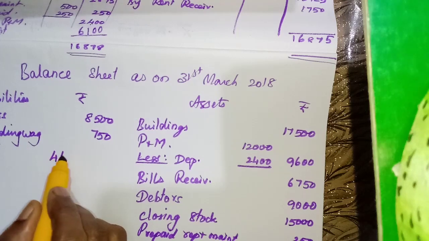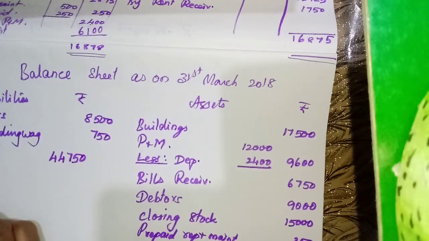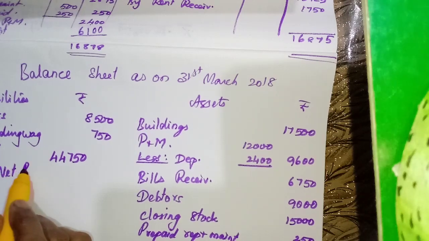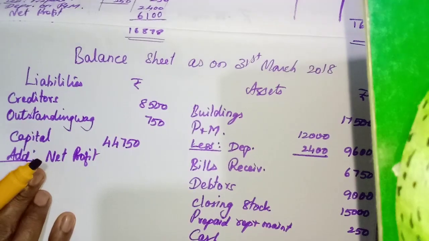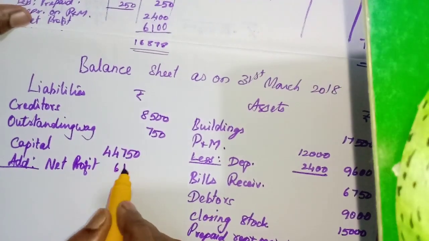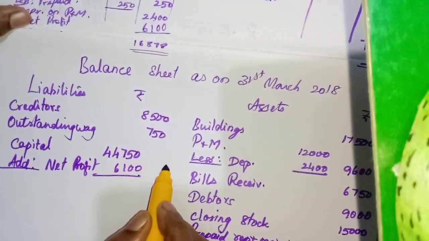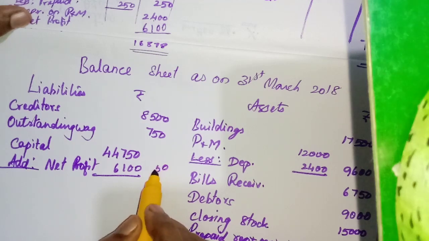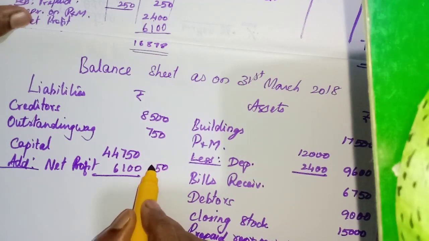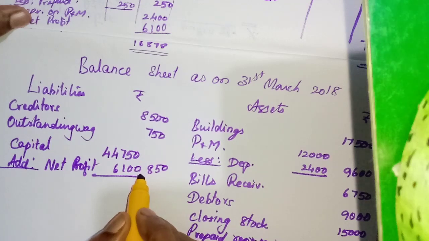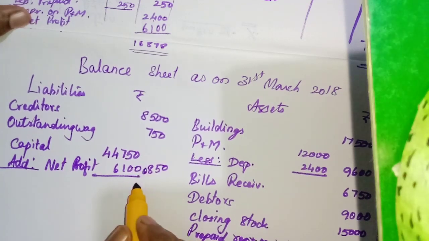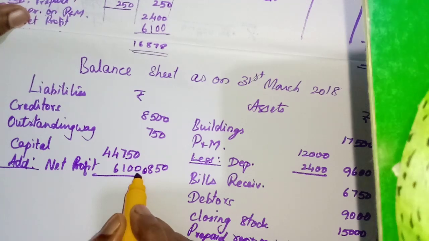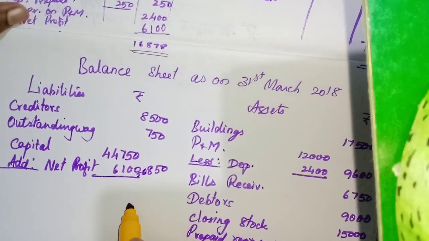44,750. Now add net profit. Net profit must be added. 6,100. $50,850, isn't it?